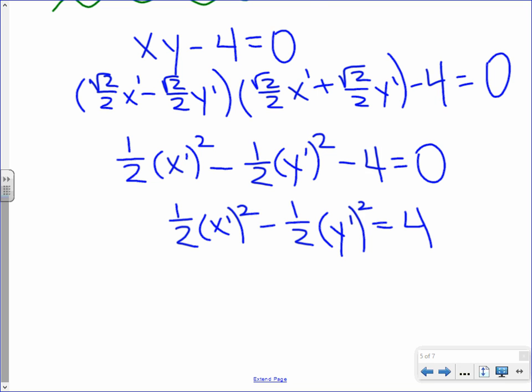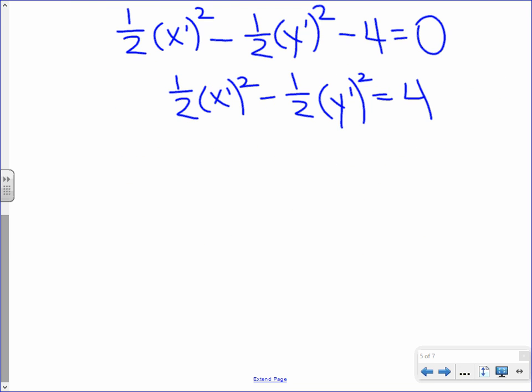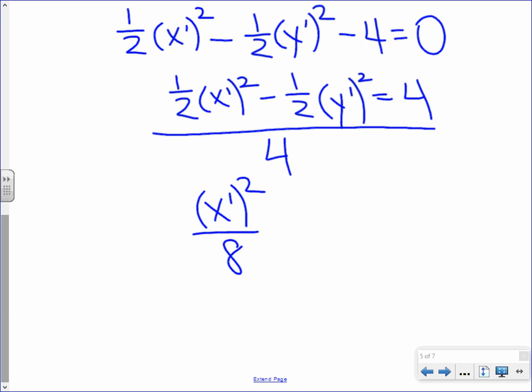And a hyperbola in standard form needs to equal what? It needs to equal 1. So we can divide both sides by 4 to get x prime squared over 8 minus y prime squared over 8 equals 1.